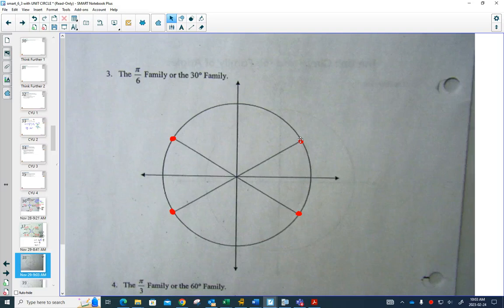I'm going to give you a head start on them. With degrees, 30 degrees, and with radians, pi over 6. You have to fill in the other ones. What are the other angles in degrees? What are the other angles in radians?